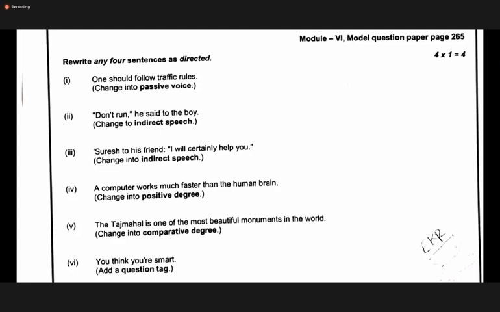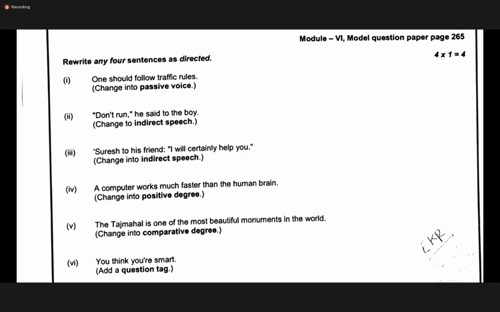While changing a sentence from direct to indirect speech, remember one important point. Direct speech means the actual words of the speaker that are put within the inverted commas.